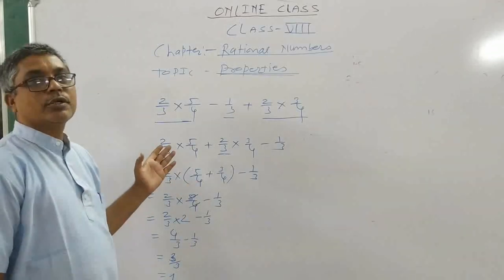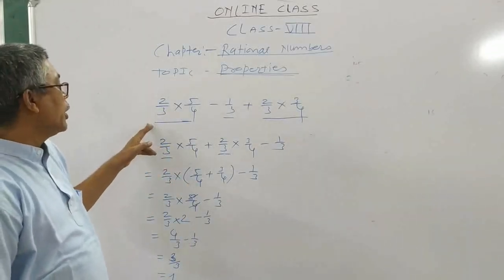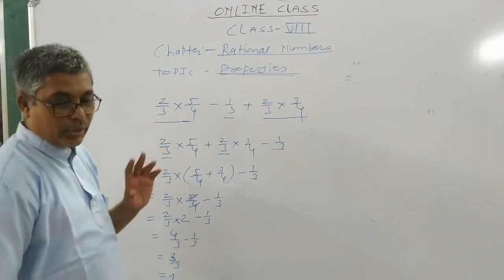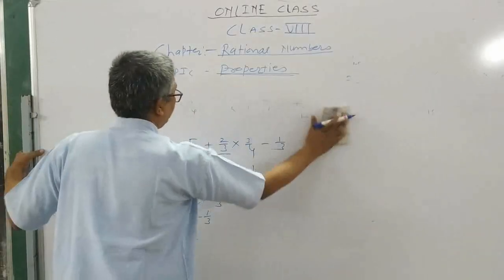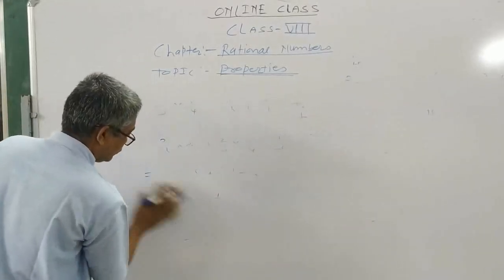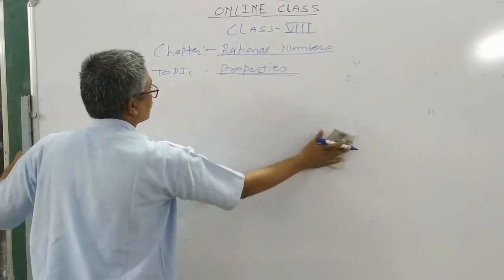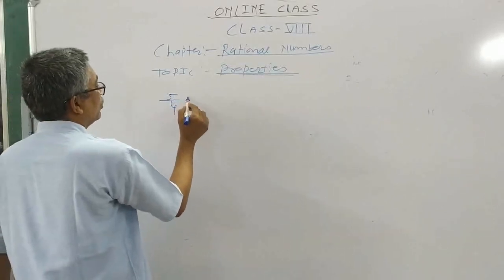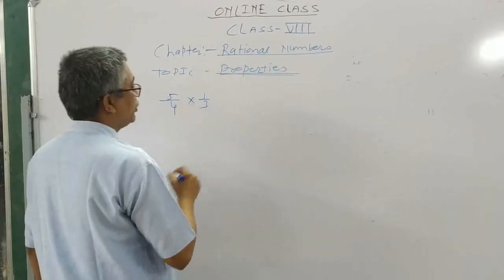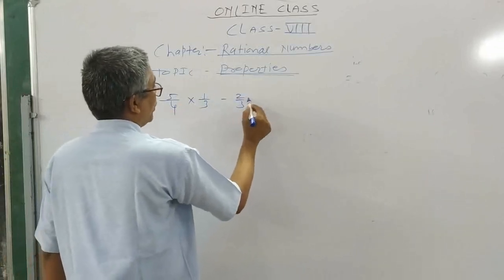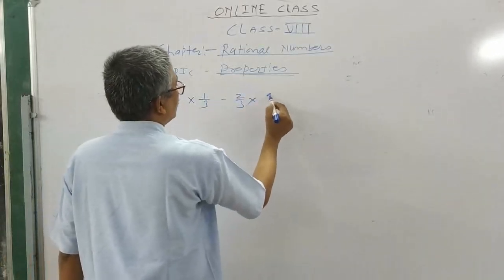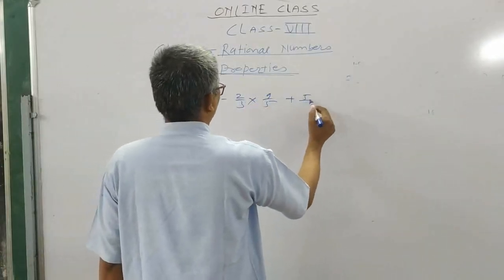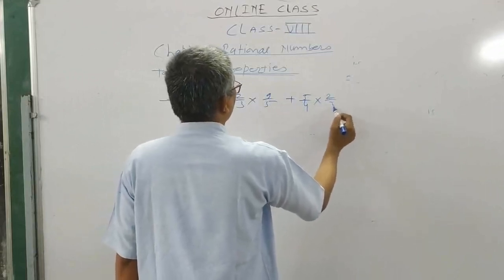So see, dear students, what we did here. So here we get the answer 1. Let us take another example. 5 by 4 into 1 by 3 minus 2 by 3 into 9 by 5 plus 5 by 4 into 2 by 3.